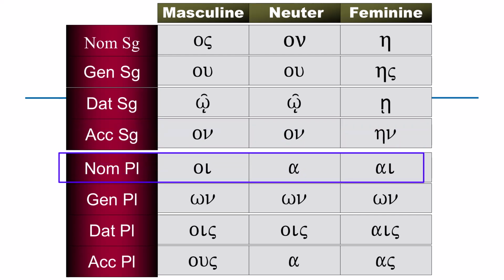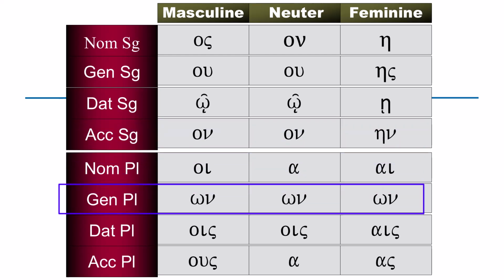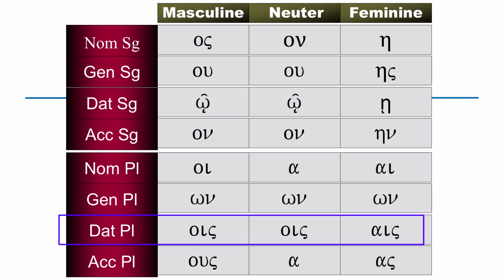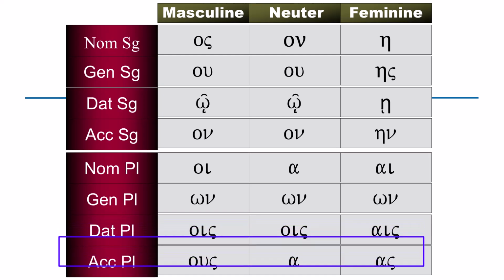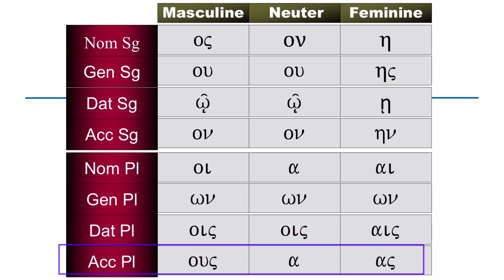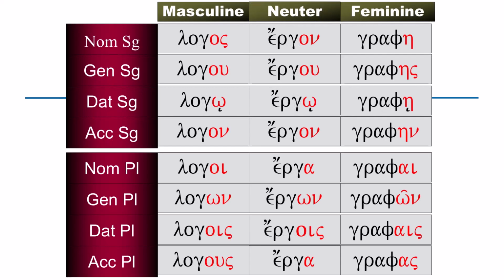You have the nominative plural endings, you have the genitive plural endings, you have the dative plural endings, and you have the accusative plural endings. But we're going to look at how to apply Greek nouns to this paradigm. And this paradigm is the one that you need to know to learn how to decline words. But let's look at how this applies to nouns.